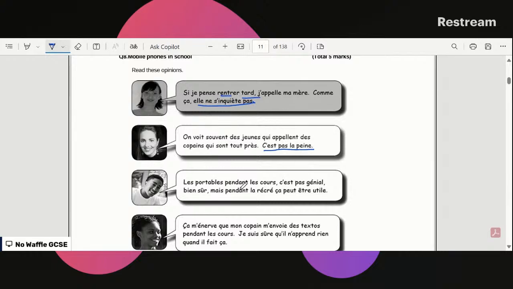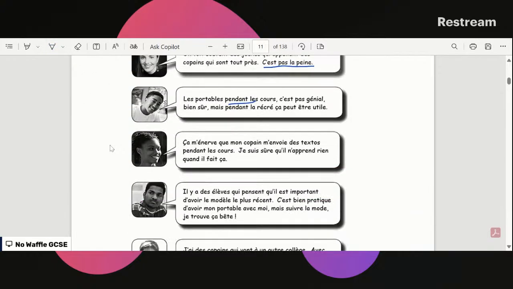Le portable pendant le cours, using phones during the lessons, c'est pas génial. Bien sûr, of course, mais pendant la récré, ça peut être utile. During break, it can also be useful. Ça m'énerve que mon copain m'envoie des textos pendant le cours.